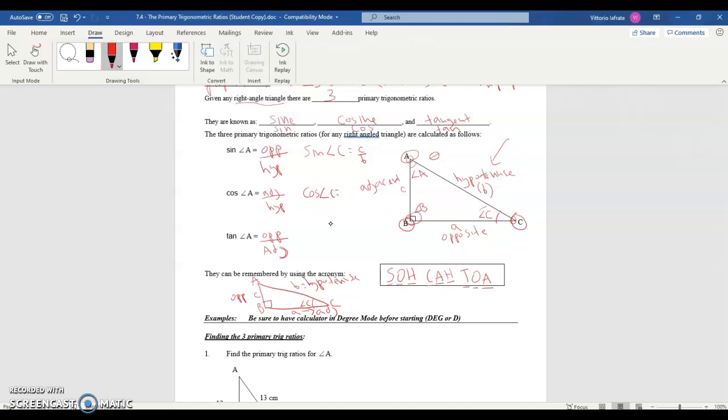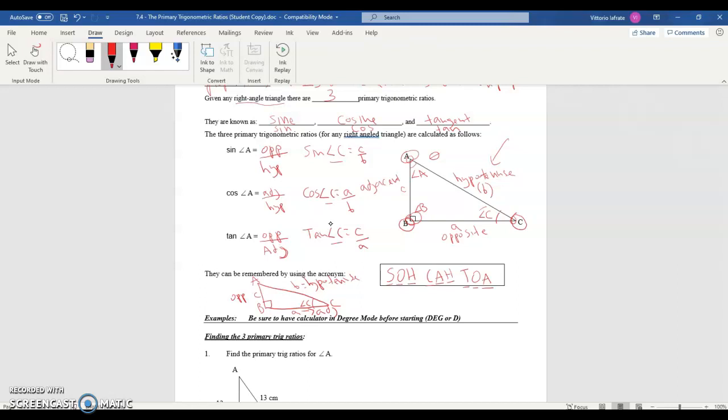So it would be A over B. And if I asked you for tan of angle C, tan is TOA, so it's opposite over adjacent, so it would be C over A. Cos, adjacent over hypotenuse, sine, opposite over hypotenuse. And those would be your trig ratios for angle C specifically.